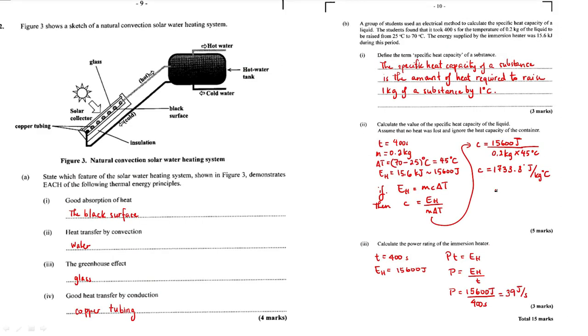So here we have question 2, and it says, Figure 3 shows a sketch of a natural convection solar water heating system. And it says, state which feature of the solar water heating system shown in figure 3 demonstrates each of the following thermal energy principles. Now, the picture looks intimidating, eh?